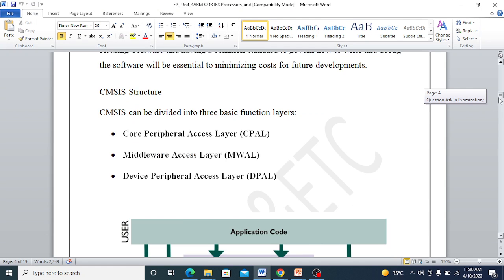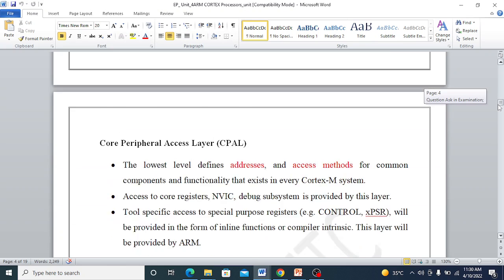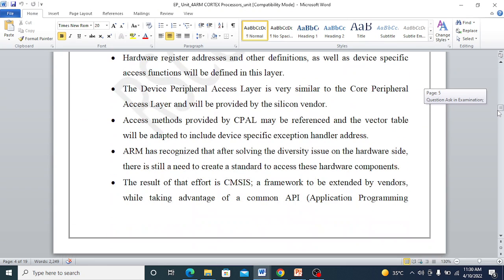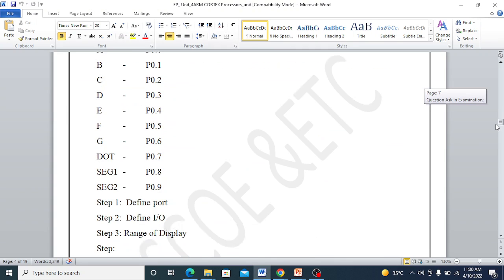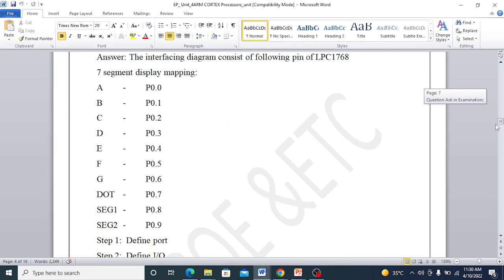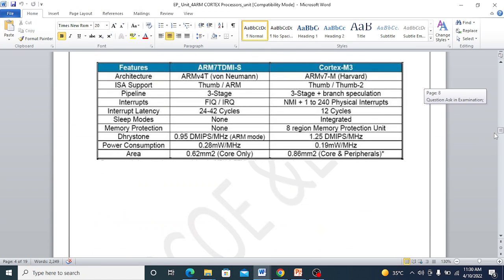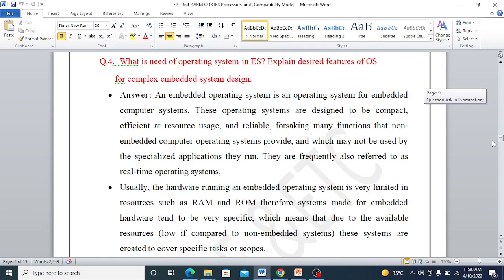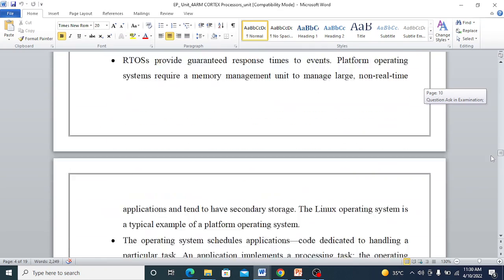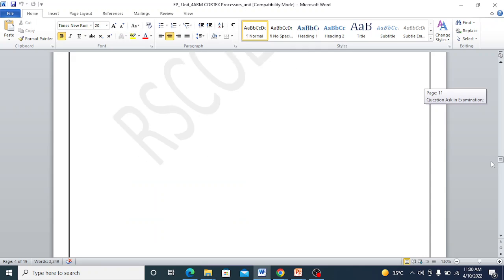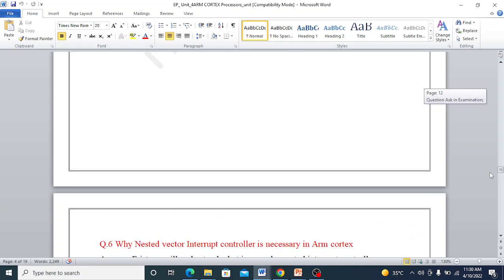So what exactly you want to write, this is the diagram. Now second question, what is exactly the pin? Draw 7 segment interfacing. So there are question answer notes available, and details of these whole things are available here.